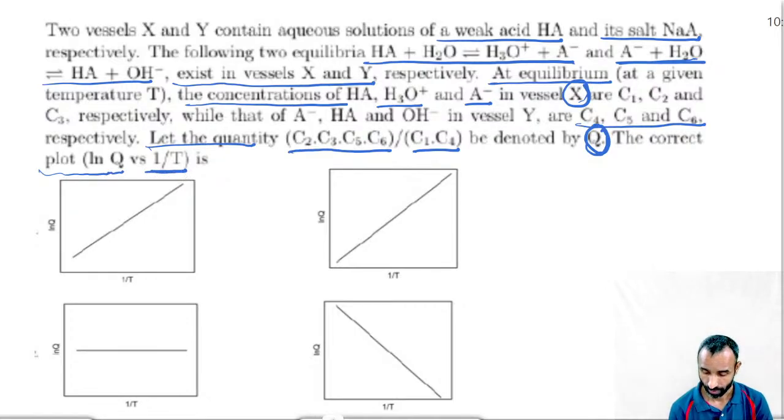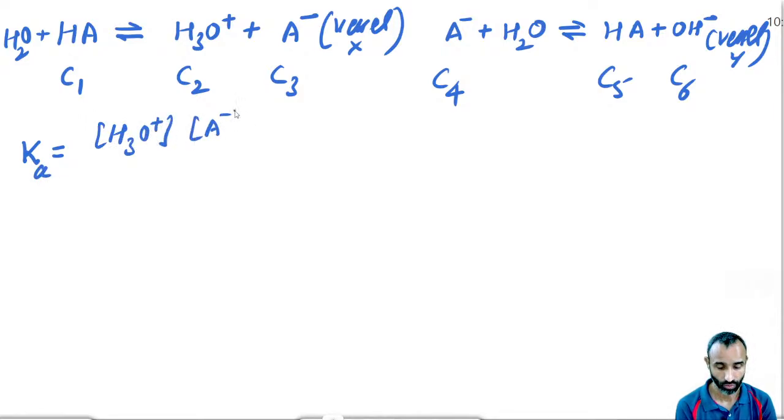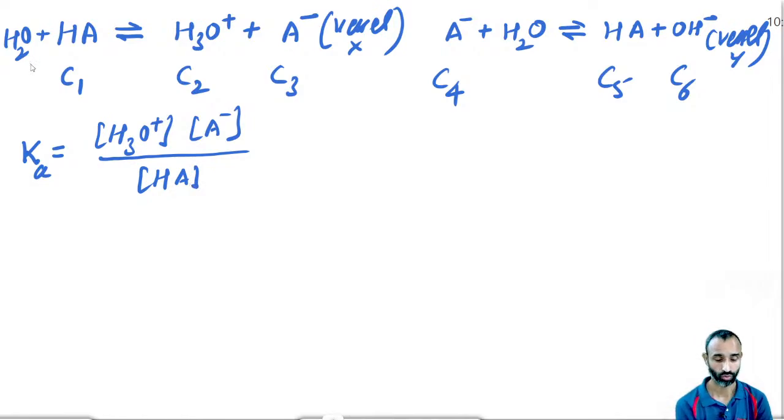Okay. So first of all, in the first case, the dissociation constant is, let us say Ka, H3O plus into A negative divided by HA. H2O liquid is not appearing in the equation. So it becomes C2 into C3 divided by C1.